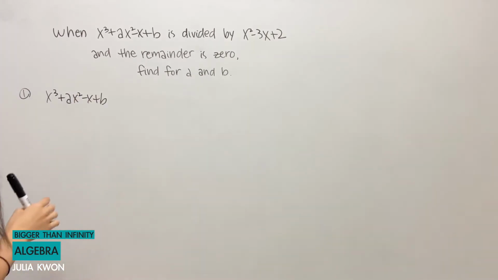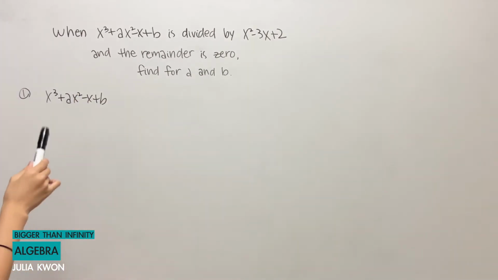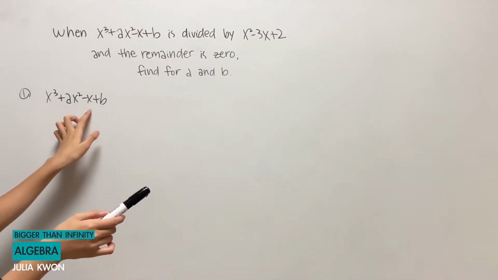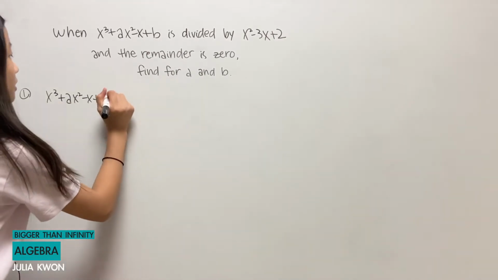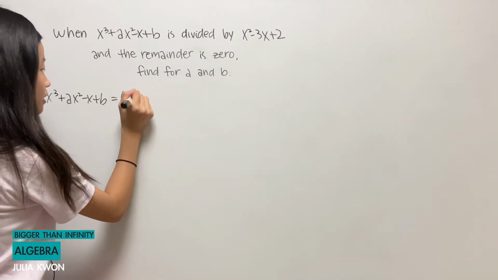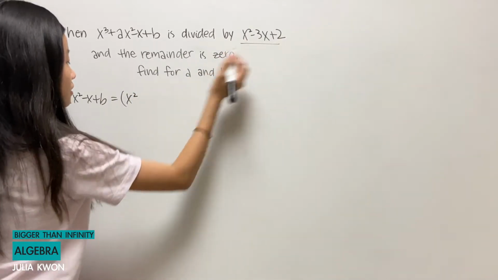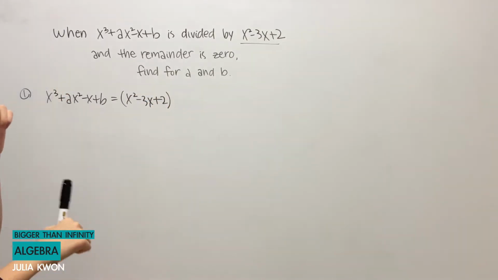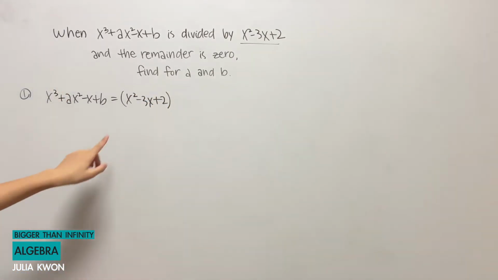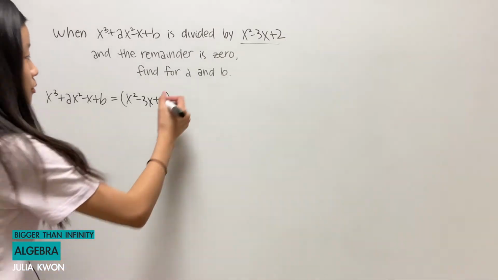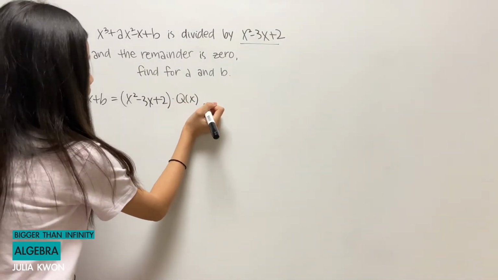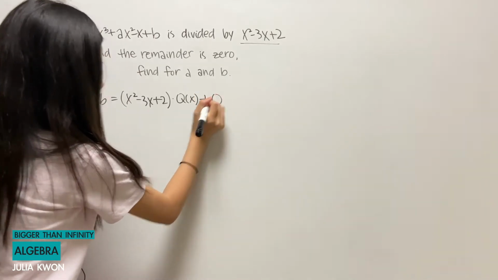So we have the polynomial x cubed plus ax squared minus x plus b, and it is divided by x squared minus 3x plus 2, and the remainder is 0, but we don't know what the quotient is, so we're just going to put it as q(x), and since the remainder is 0, it's just plus 0.